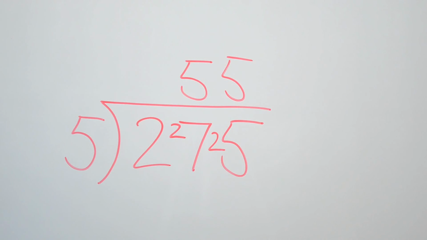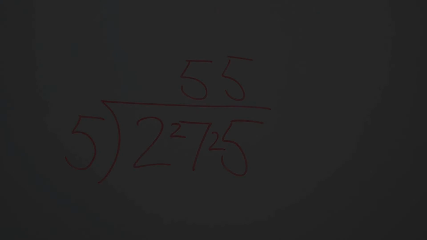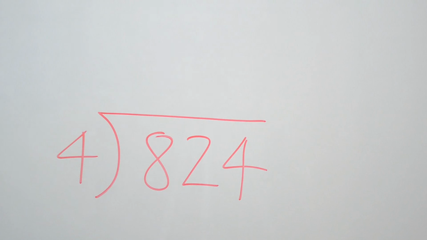Well done, you guys. Do you want to try one in the 4 times tables? Yeah. Of course we do. Okay, here's our new one for you to try out. This one is 824 divided by 4. Now here's a little tip. If you want to know whether or not it's in the 4 times table, just have a look at the last 2 digits.